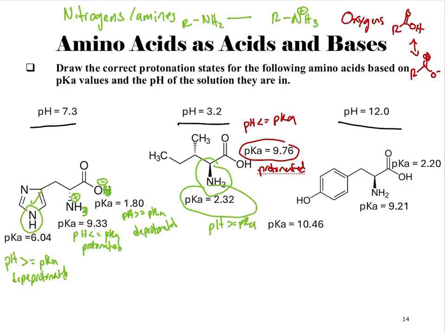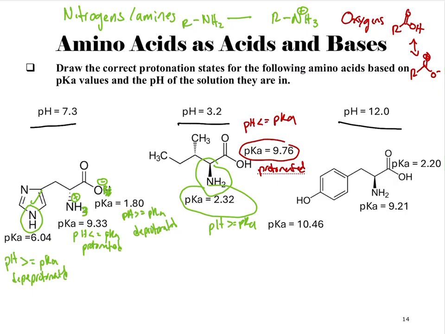And that's because of this aromatic ring right here. If we donate this proton, it can be stabilized by this ring. So this is an amino acid that actually has an acidic proton stabilized by the aromatic ring right there. So most alcohols aren't acidic, but this is one of the cases that it is. And so that would be a phenol group.